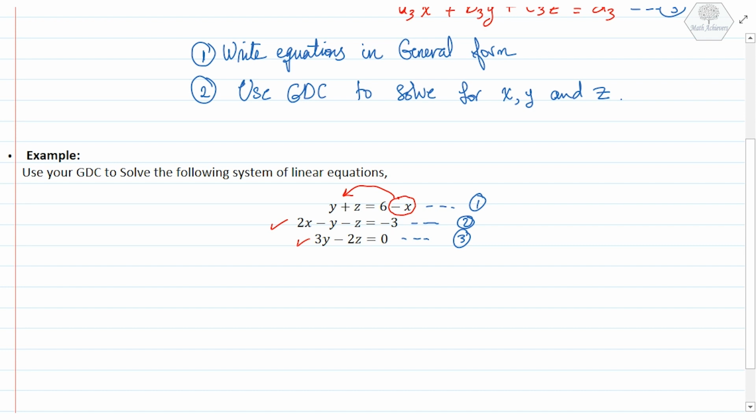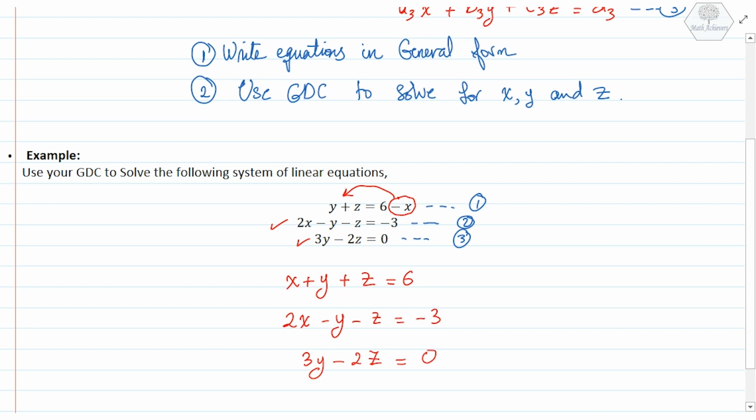So I'll be having x plus y plus z is equal to 6. Then I have the second one, 2x minus y minus z is equal to -3. And after that, I have 3y minus 2z is equal to 0.